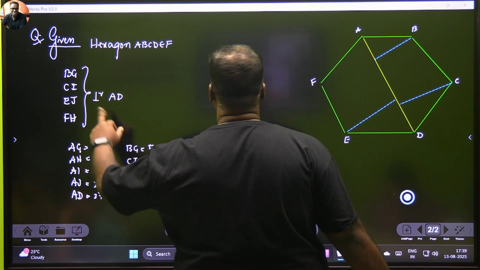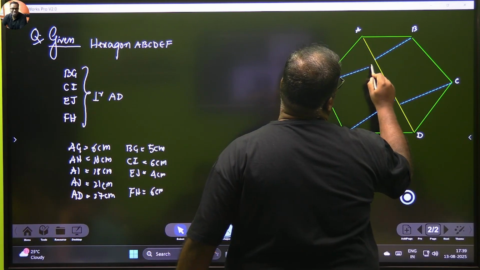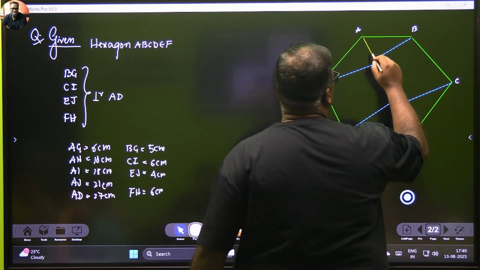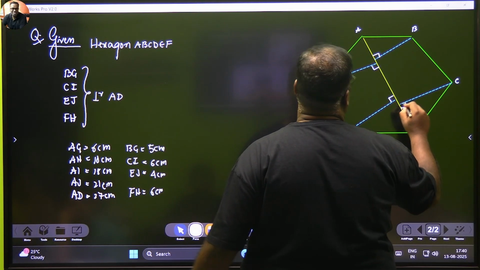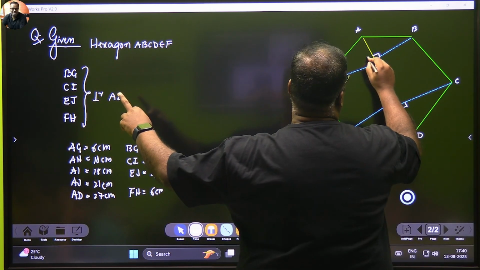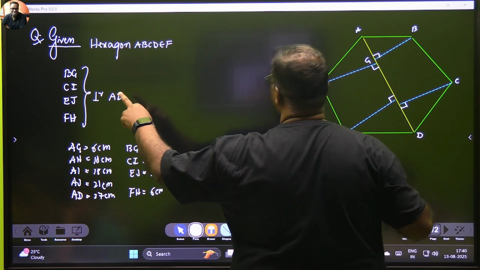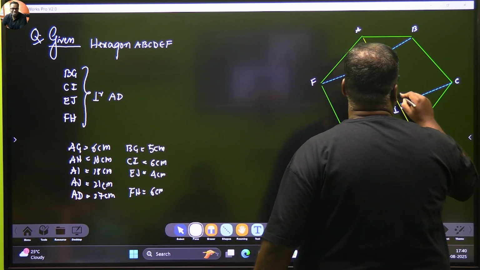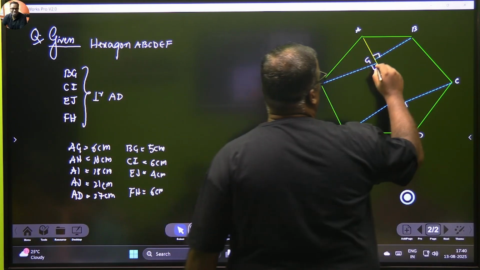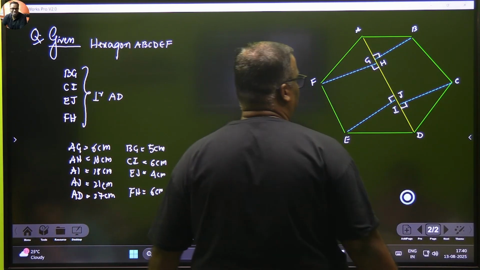Then they say FH, which would fall out here. So B has a perpendicular with G, C has a perpendicular with I, E has a perpendicular with J, and F has a perpendicular with H. Clear? This much is done.